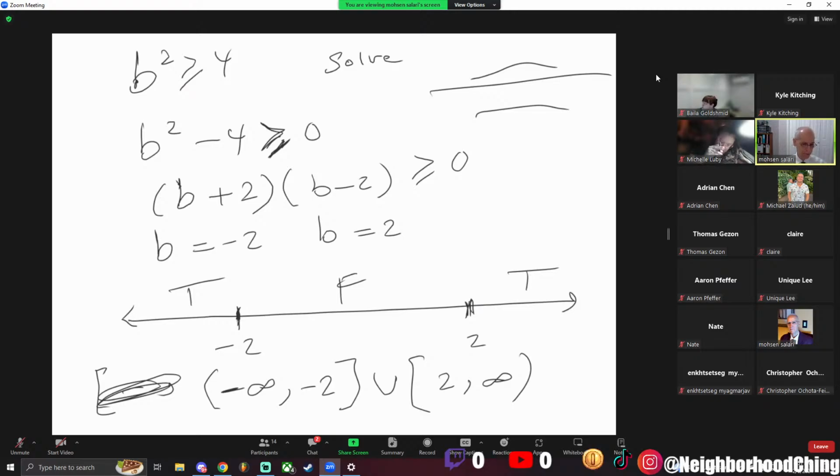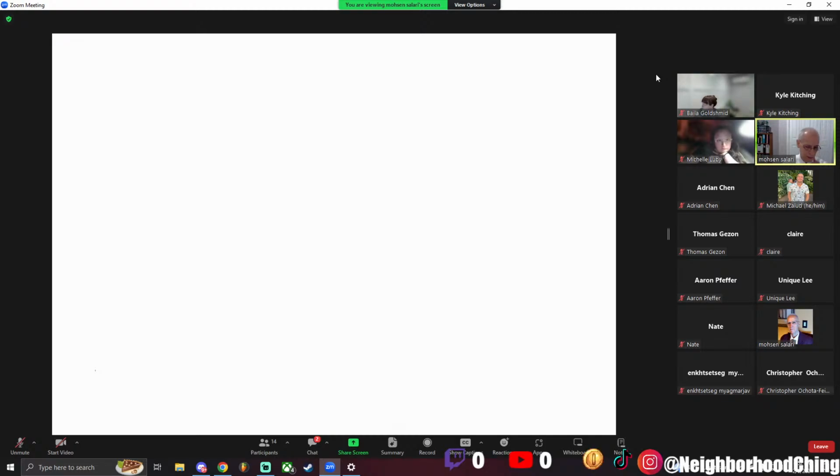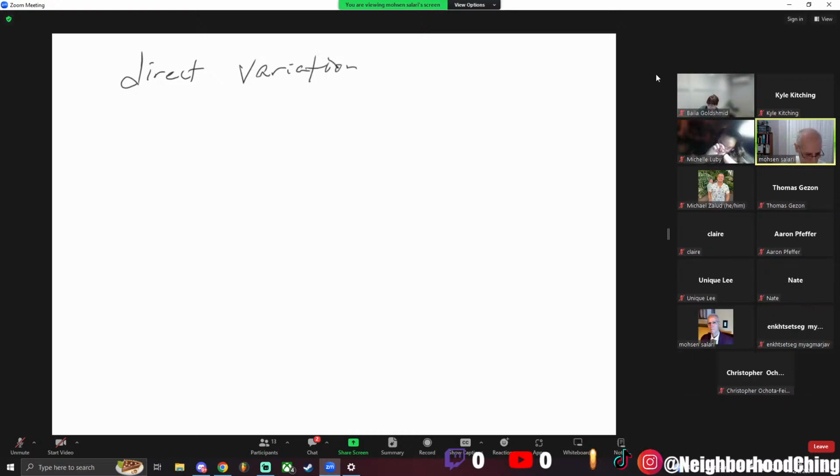There is a question on section 3. The section has 3.4 and 3.5 combined together, and it's talking about direct variation and inverse variation.